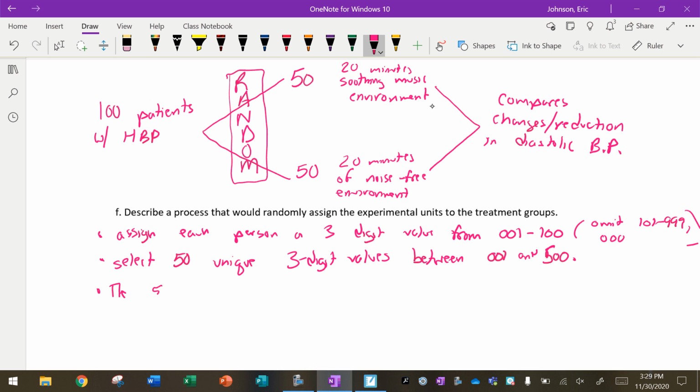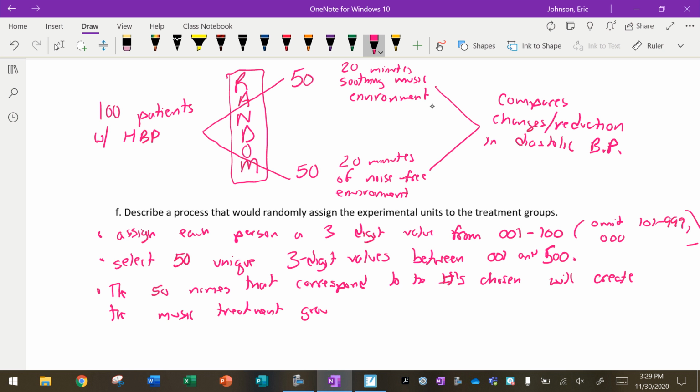The 50 names that correspond to the numbers chosen will create the music treatment. Okay, so once again, same idea: assignment of numbers, selection of numbers, corresponding people to the numbers chosen.